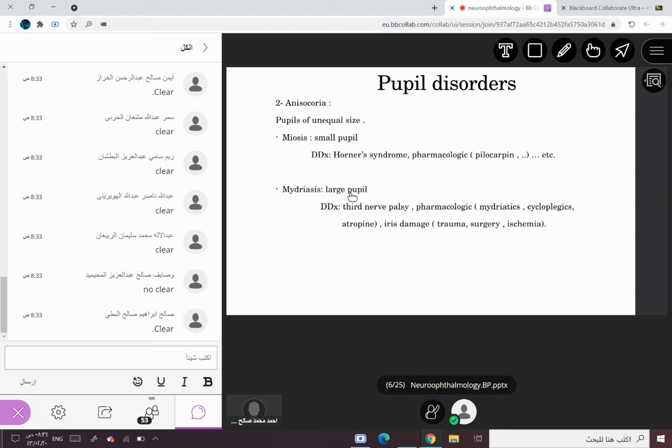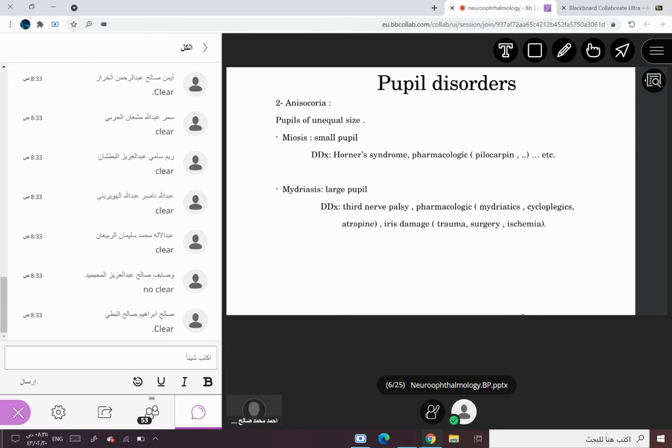In mydriasis, we have a large pupil. So the differential diagnosis of large pupil could be due to third nerve palsy, or pharmacological, like mydriatics, cycloplegics, and so on, or it could be due to iris damage, either from trauma, surgery, or ischemia. Okay, these are the differential diagnoses of miosis and mydriasis.